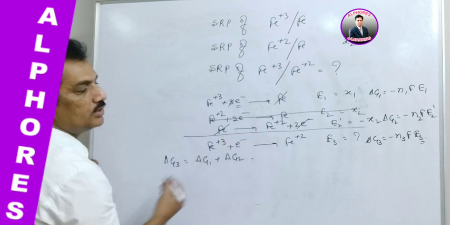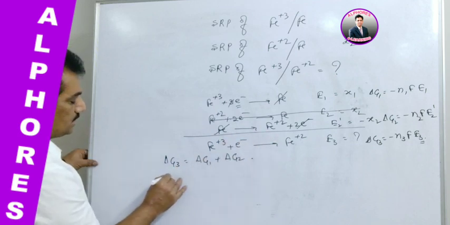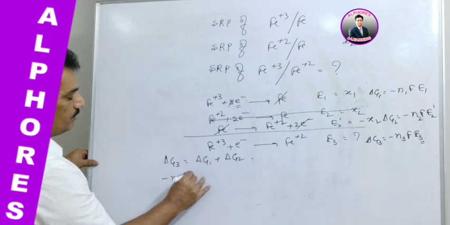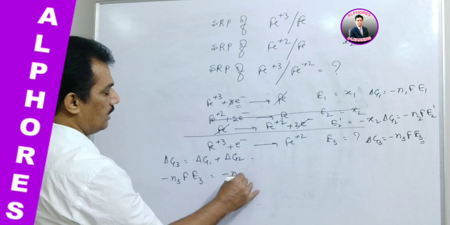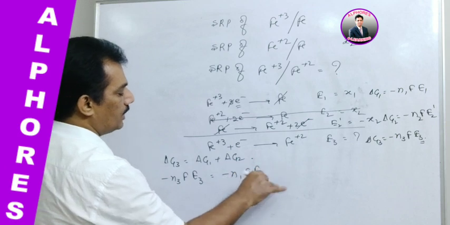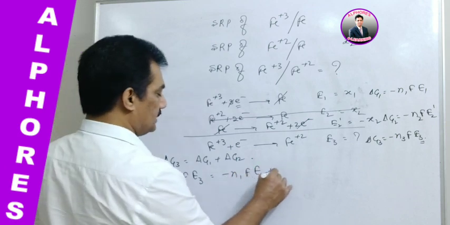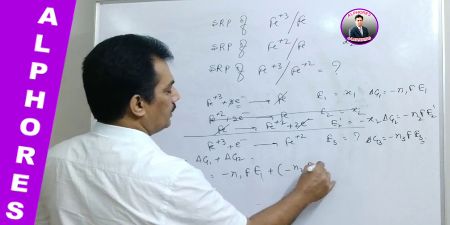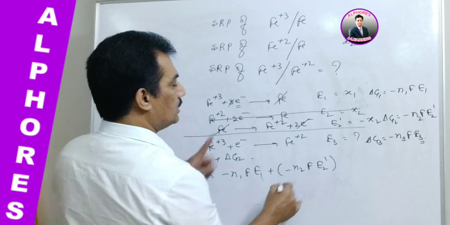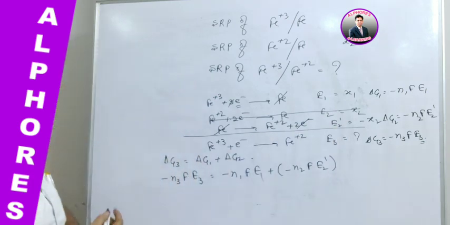And now let us substitute those values. Minus n3 F E3 is equal to minus n1 F E1 plus minus n2 F E2 bar, because it is rearranged. That's why we are considering it.